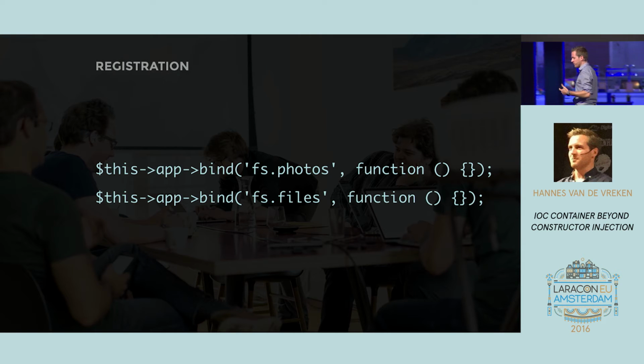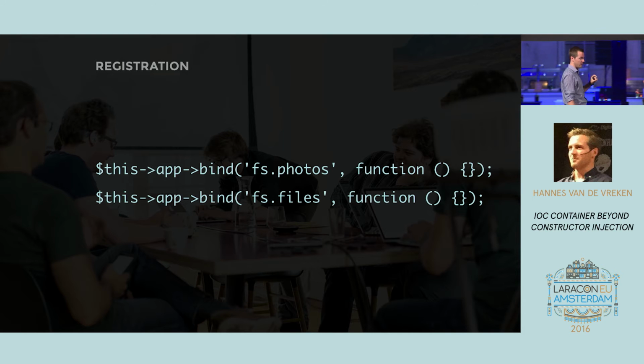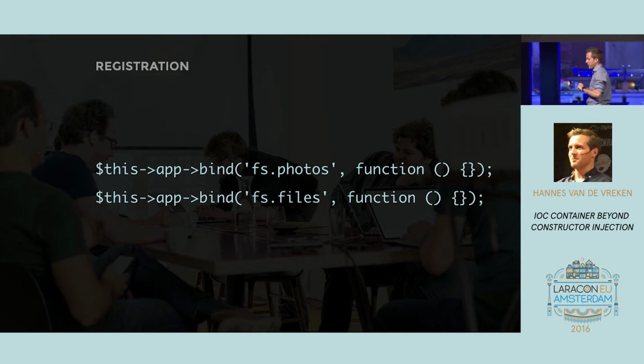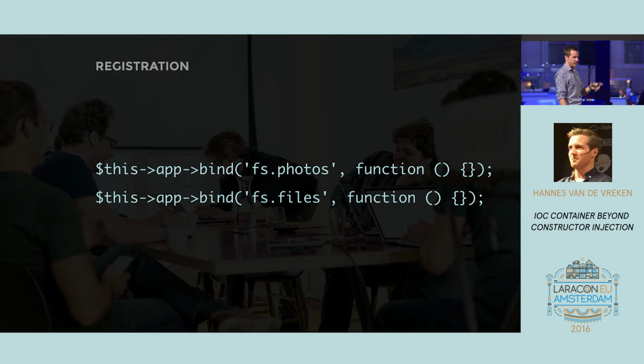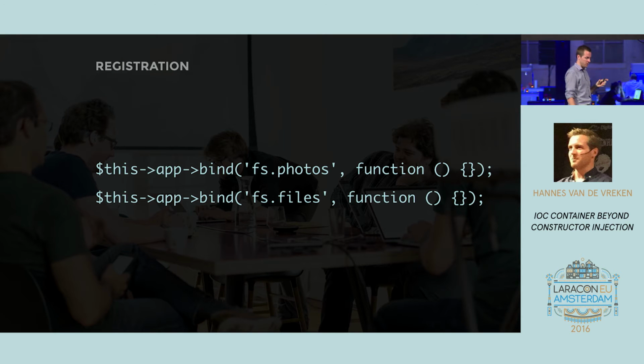We have a file system abstraction like fly system, and you have different folders or different fly system interfaced objects which point to different folders. You have the photos folders, you have the files folders, you have the documents folders. When you want to inject those, you can use plain strings to call them. You can say this app make fs.photos, and it will execute this first anonymous function.